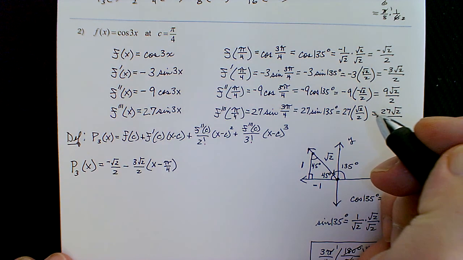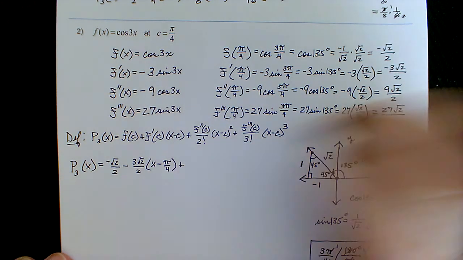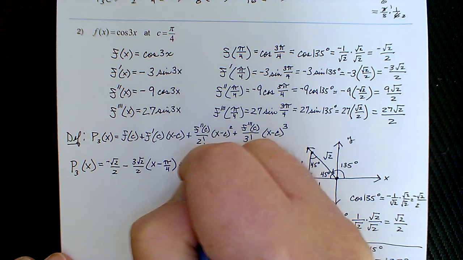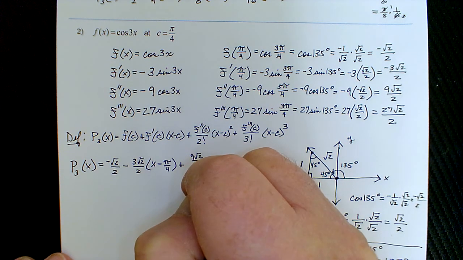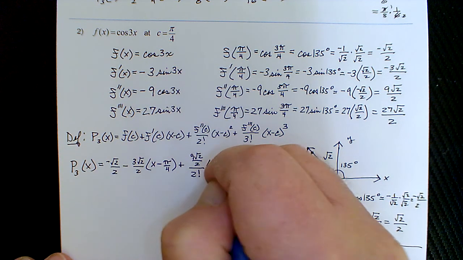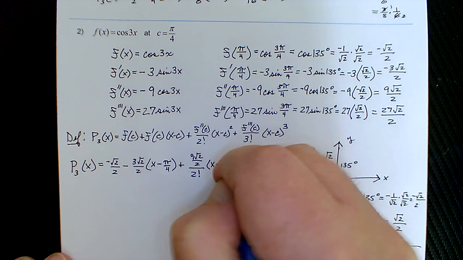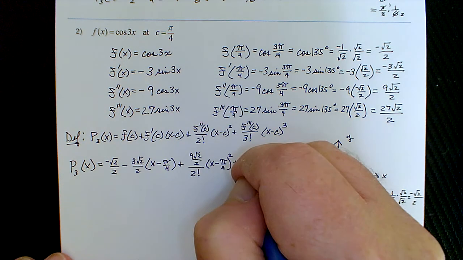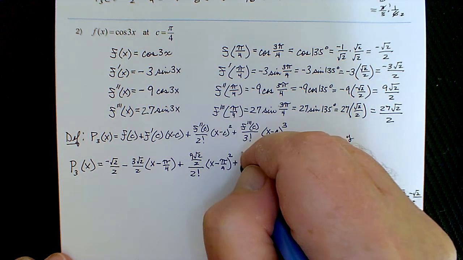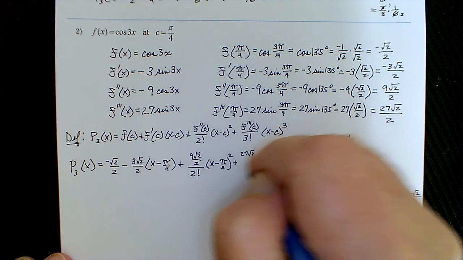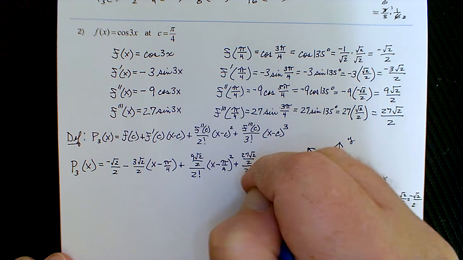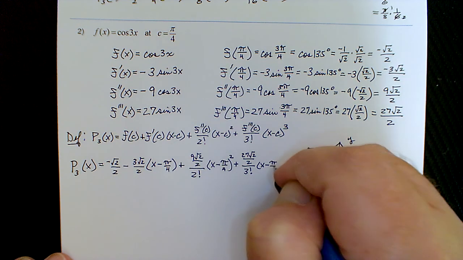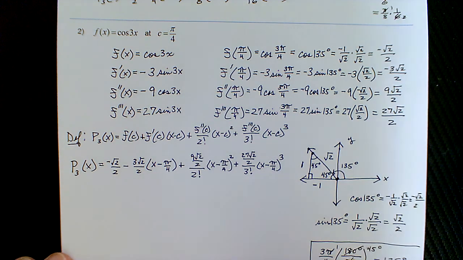And then plus f double prime, 9 radical 2 over 2, but divided by 2 factorial, times x minus c again was pi over 4 as a quantity squared, and then plus f triple prime, which was 27 square roots of 2 over 2 divided by 3 factorial times x minus c is pi over 4 again, but as a quantity cubed.